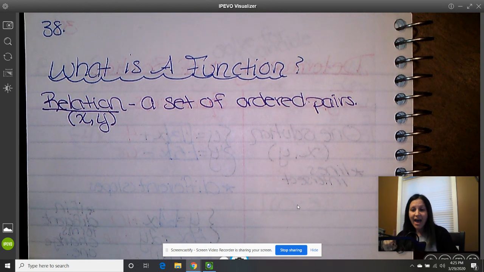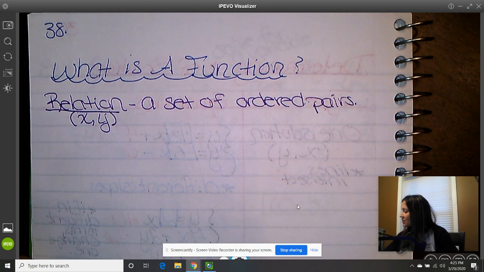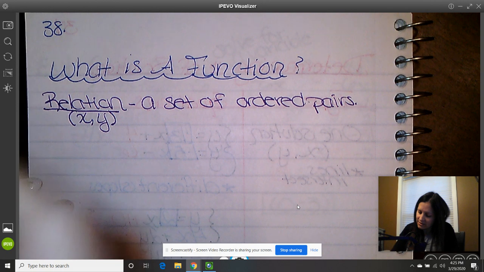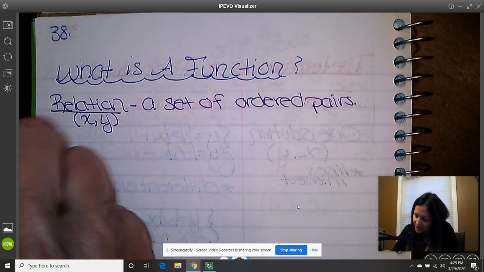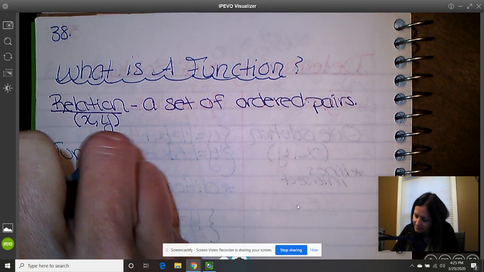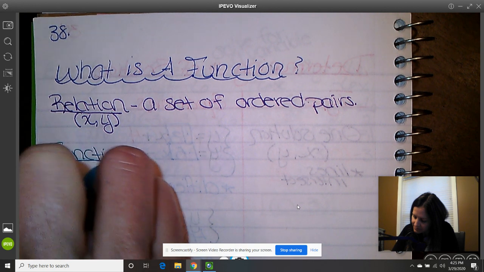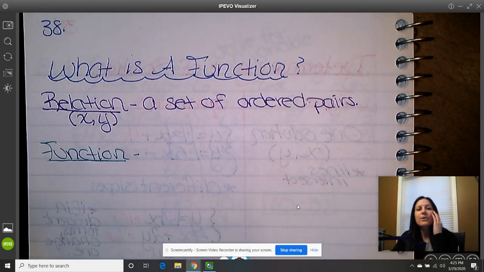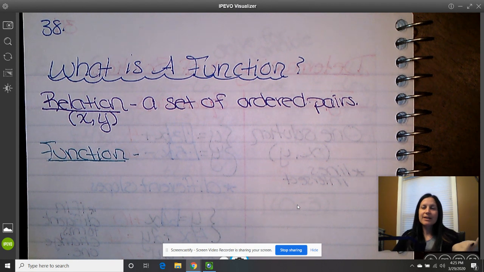We need to know that because we need to know what a function is. So if you hear the word function, I'm not sure what comes to your mind, but I think of something that has a purpose. The function of a washing machine is to clean my clothes.